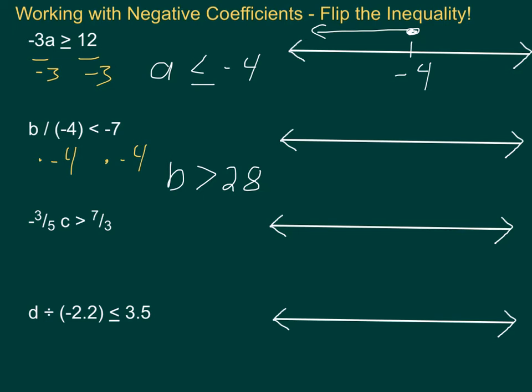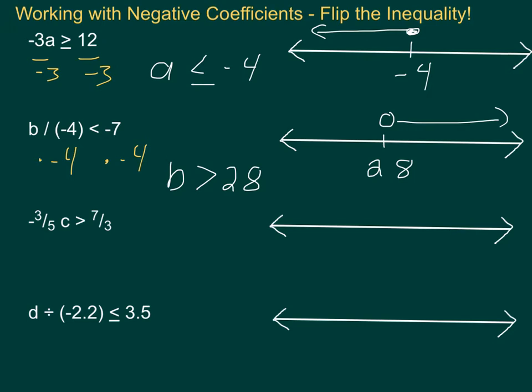Negative times negative is positive. But it's become a greater than now, so I go to 28, open circle at 28, and over to the right to show greater than. Again, it doesn't matter what this number is. This was negative, this was positive. We flipped the inequality both times because of what we're dividing or multiplying by on each side. That's the big key.